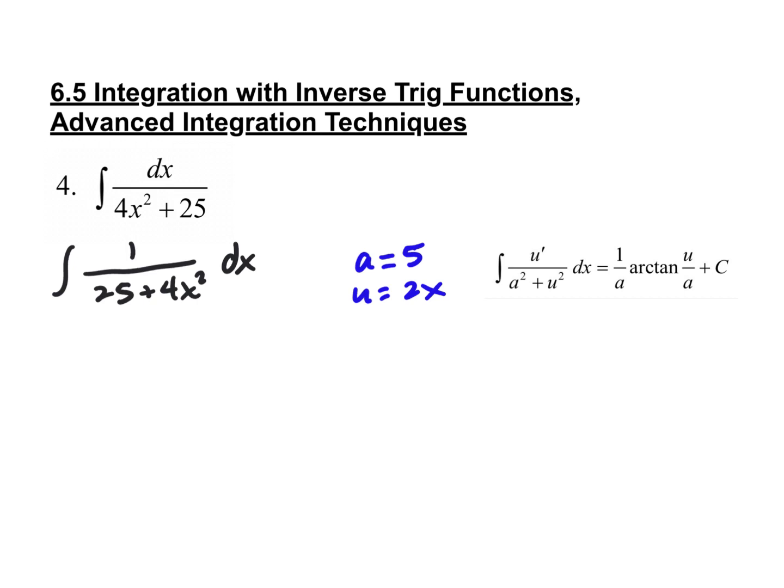And the thing is, this top should be the derivative of this, but it's not. Right, because the derivative of U is 2dx. So I wanted to have a 2 up here, so I'm going to slide that over, make it a 1/2, and then I can substitute it because 1 dx is the same as dx. So here's where we're at.